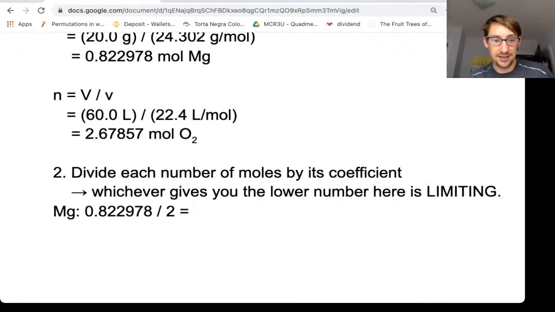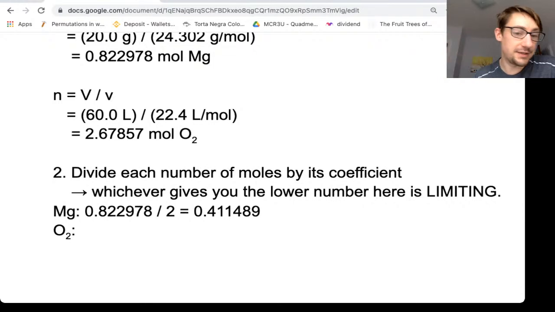Do it on your calculator. 0.411489. Now that doesn't really mean anything, I suppose. It can sometimes represent the number of moles of something that's produced, but not today. For O2, that coefficient was actually 1. So I just take this number and divide it by 1.